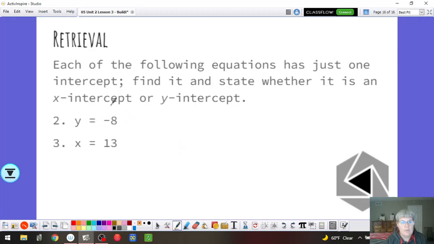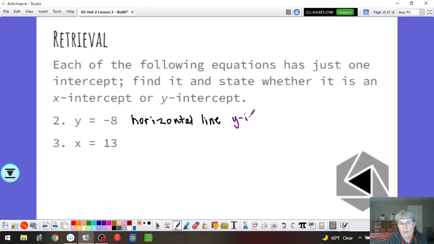We talked about in class that when we have a line and the equation is y equals -8, that means every single point on the line has a y value of -8. This means this is a horizontal line. And if it's a horizontal line, it's going to cross the y-axis.